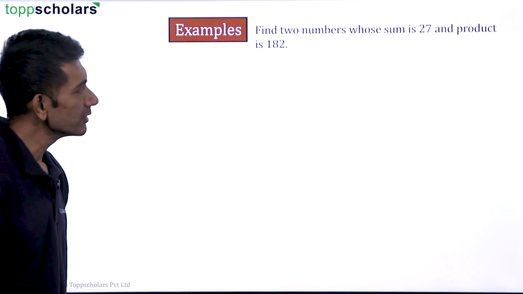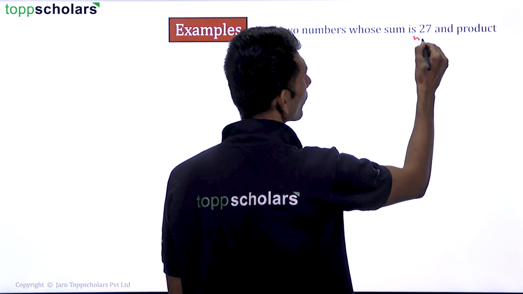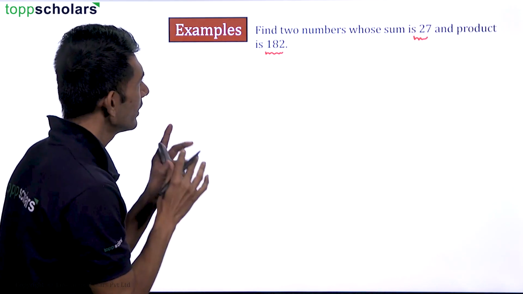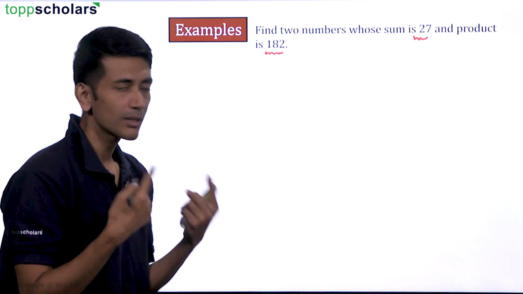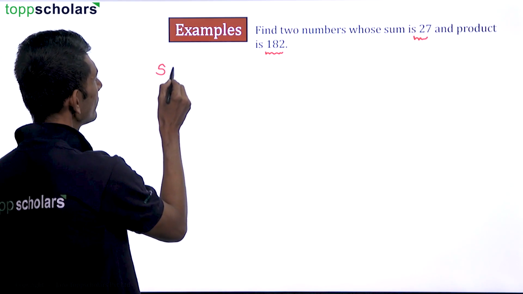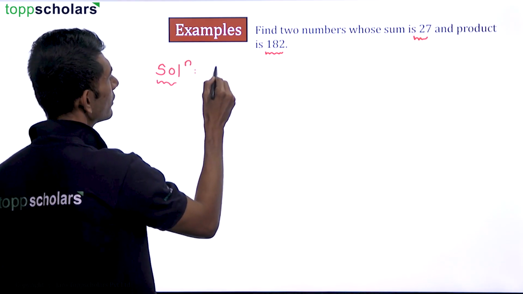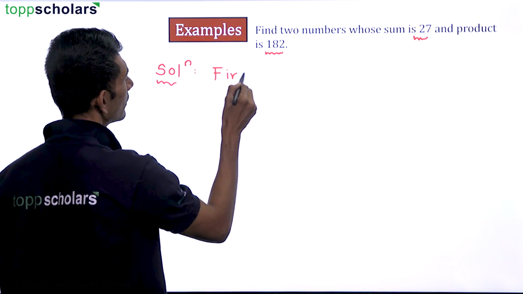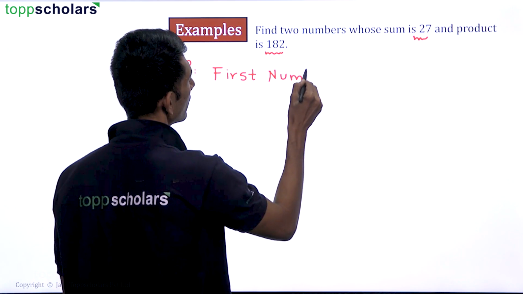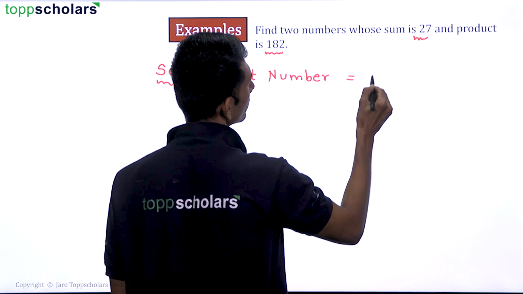So find two numbers whose sum is 27 and product is 182. Sum is 27, product is 182. Now understand, there are two numbers whose sum is given as 27 and product is given as 182. Let's begin with the solution. Let the first number be equal to x.